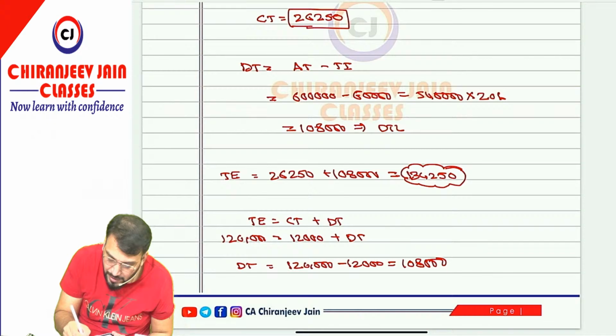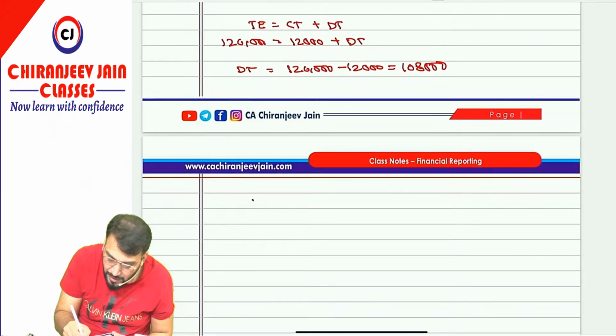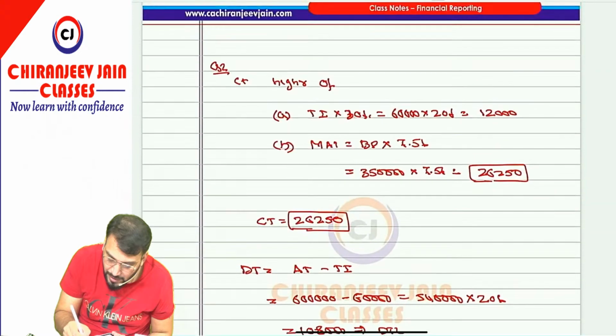Understood? Now because in the current year we are paying some excess tax due to MAT, therefore they are saying tax expense will be 1,08,000 deferred tax plus 12,000. And how much excess are you paying? 26,250 minus 12,000, that is 14,250.